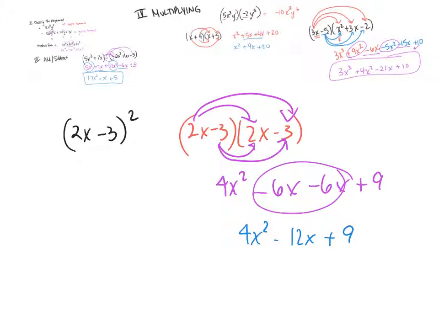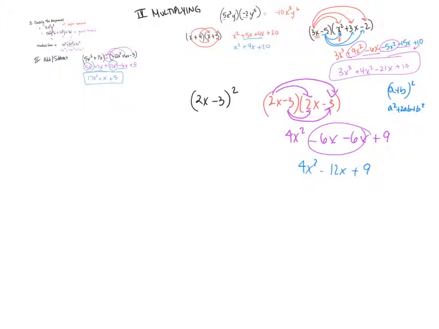The shortcut way is to think, oh, if I'm squaring it, I can use the special a plus b squared is really a squared plus 2ab plus b squared, if you're good at memorizing things, and you would have gotten the same answer. If you prefer to write it out, there's nothing wrong with that, and I would prefer that you write it out to make sure that you get it correctly.